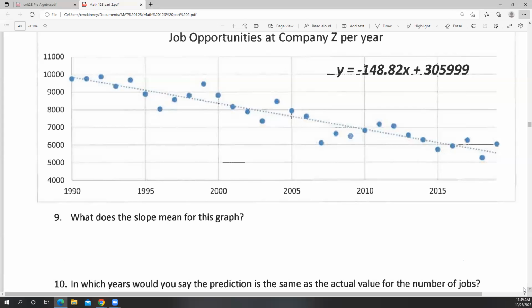Maybe 91's pretty close, 93, but 2001, oh, pretty close there. 2010 looks spot on, right? 2014. 2016. So any of those, I would accept any of those answers where the line is very close. It doesn't have to be exact, but perfectly through the center of the dot would mean the calculation should give you spot on.